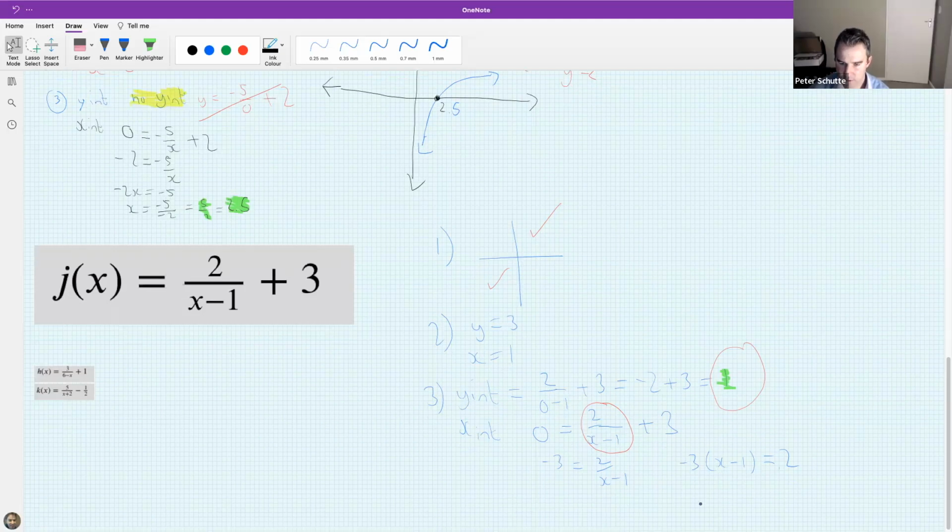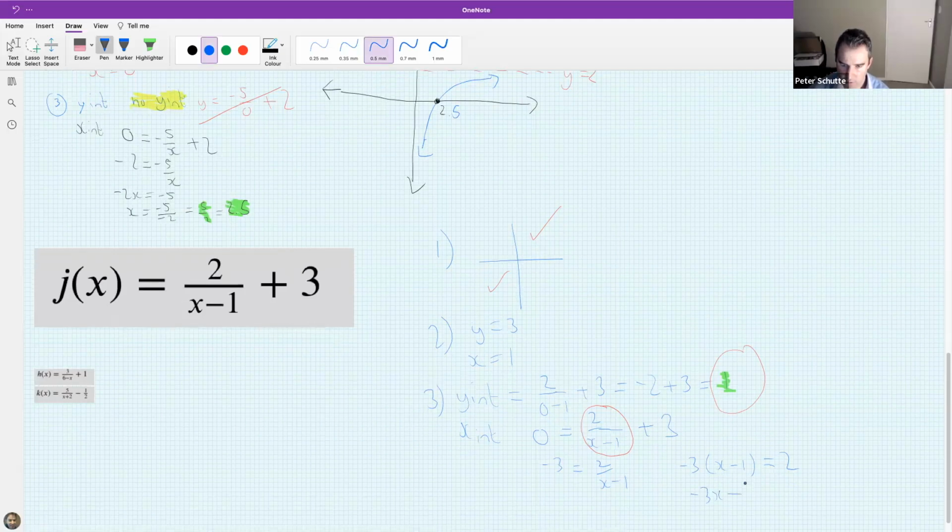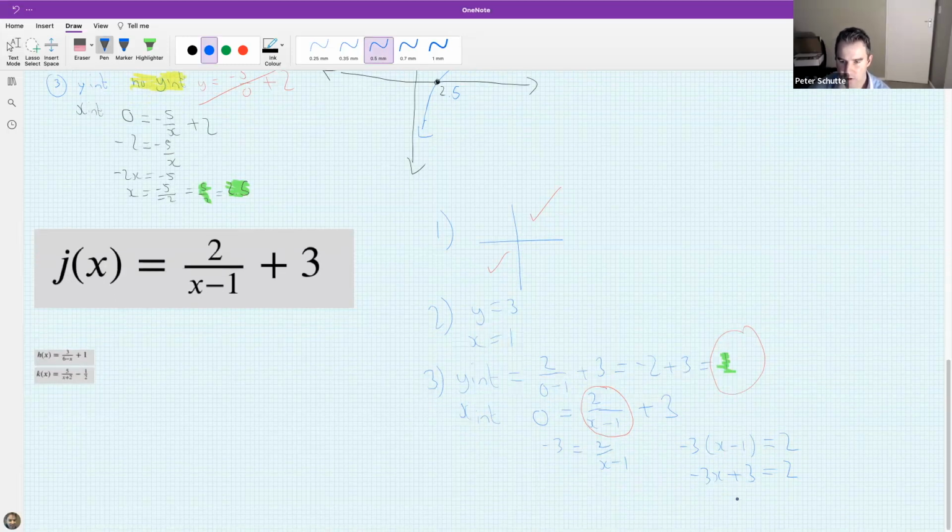So what do we have? Then x should be -1 over -3, which is positive 1/3.